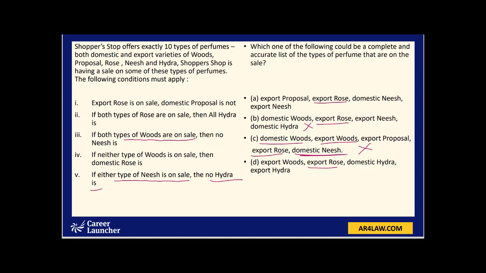In option A, I can see it has export proposal, export rose, domestic niche and export niche. So both the types of woods are missing. That means the combination should have domestic rose, which it is not having. So option A is also ruled out, marking option D as the right answer.